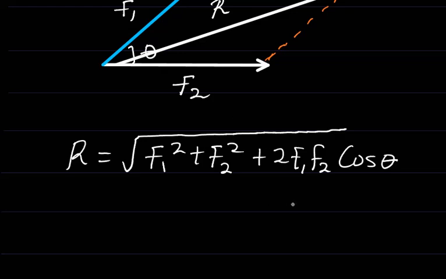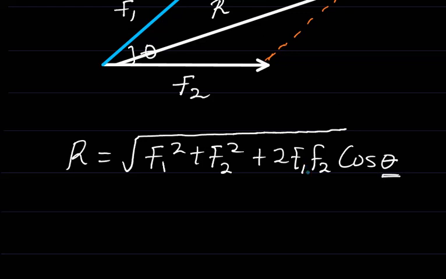Now this Pythagoras rule that is used to solve for the resultant of two vectors perpendicular to each other is derived from the cosine rule. Remember, when two forces are inclined at an angle of 90 degrees or perpendicular to each other, then cos 90 is 0.